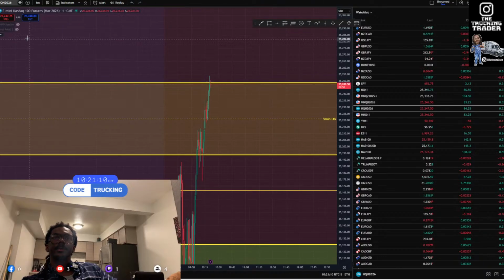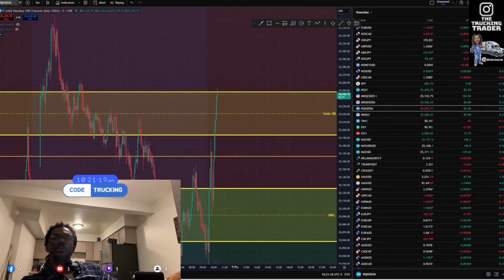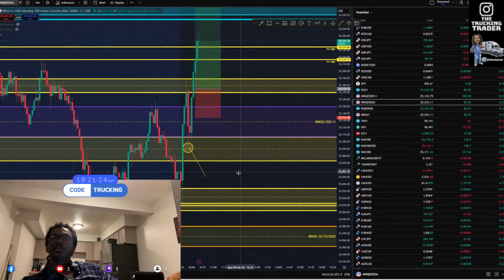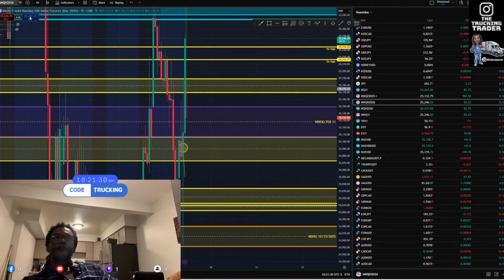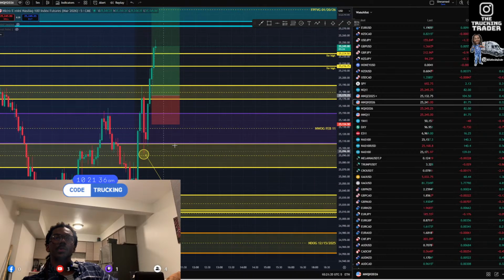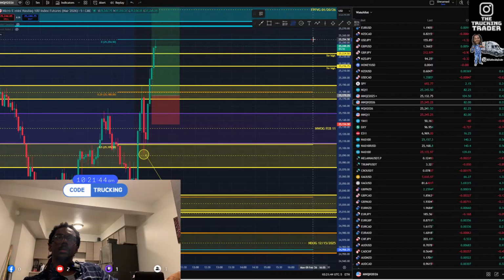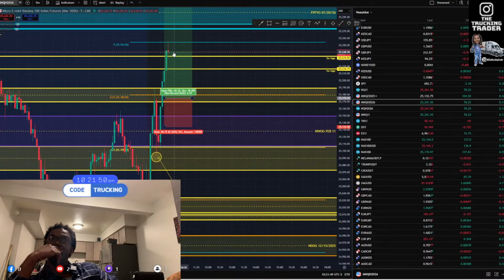It just makes sense to expect that it's going to keep going higher and higher, but I really want to see what can happen if we make a swing high on a 5-minute time frame.